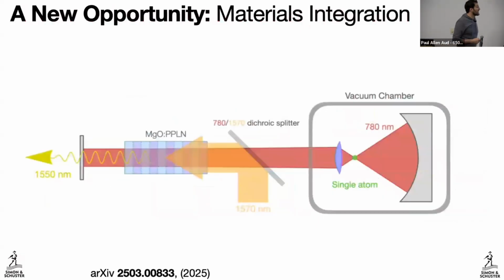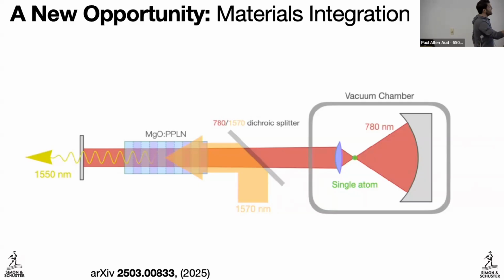If you like putting nonlinear optics in your cavities, we've now started to do that. The finesses are low enough that we can put periodically poled crystals in the cavities to do frequency conversion in a cavity. The one we did it in didn't have an atom, but you could imagine doing it in the cavity that has the atom so that this atom directly speaks 1550.